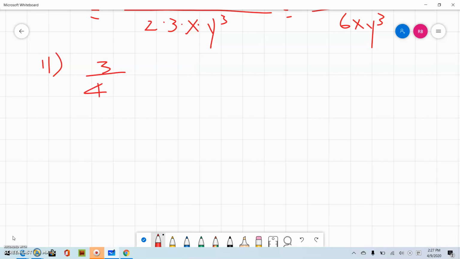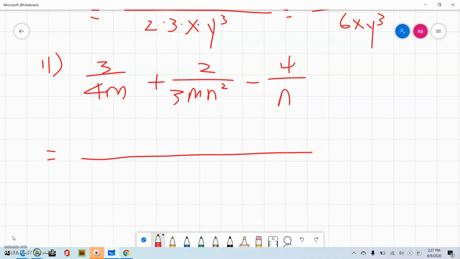3 over 4m plus 2 over 3mn squared minus 4. And okay, so then the common denominator will be 4 times 3, because I'm doing the number first. I see m and I see n, and the highest power of n is 2. So I'm going to put 2 in there.